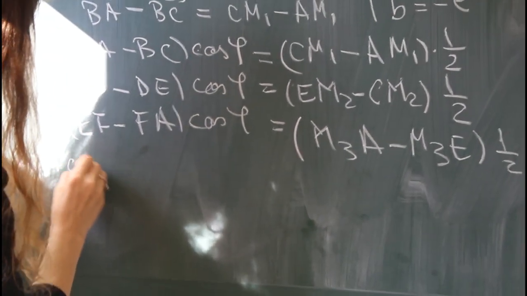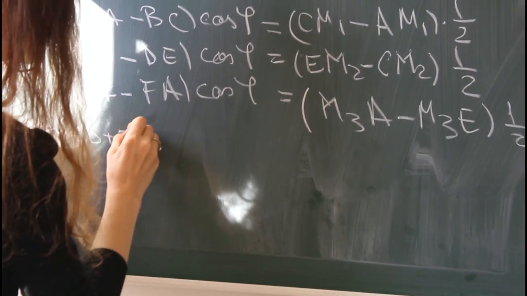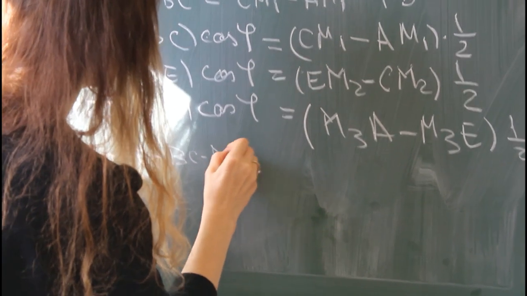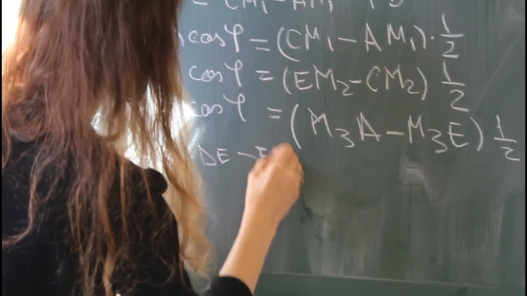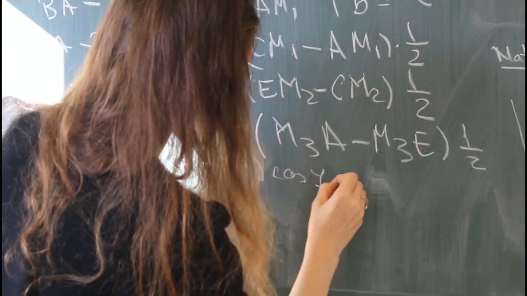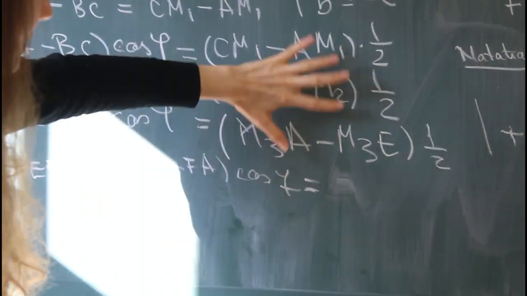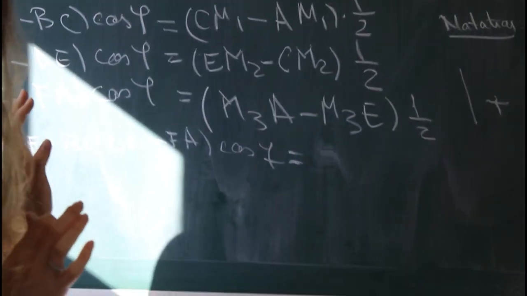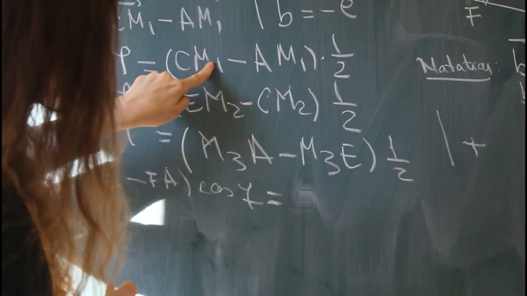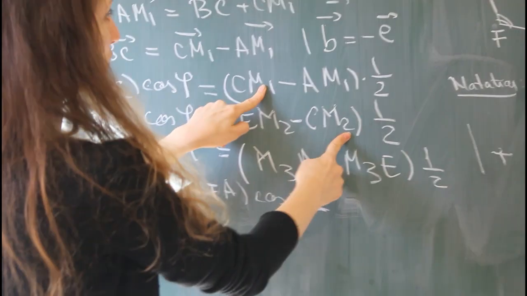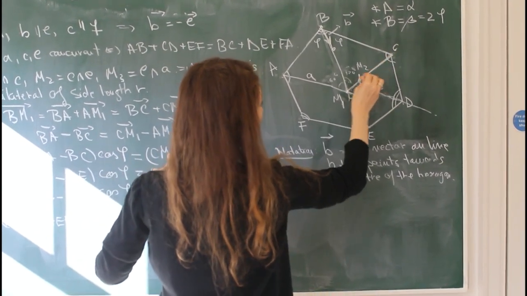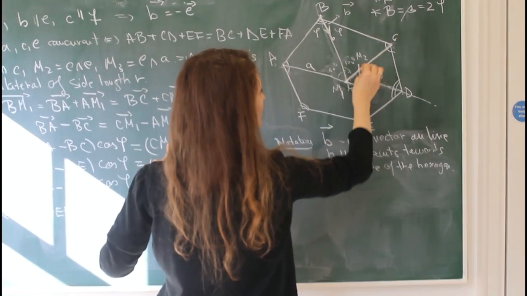AB plus CD plus EF minus BC minus DE minus FA times cos phi is equal to, well, the sum of these expressions, but let's just pause and see what we get. So we have a CM1 here minus a CM2 here. So let's just look at the picture. So we have CM1 minus CM2.